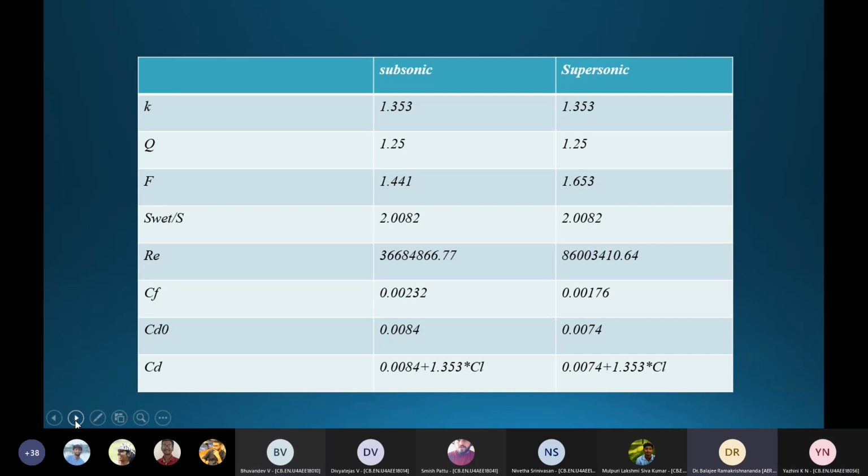That looks reasonable. And CL squared, not CL. So recalculate CD. Once you calculate CD, find half rho V squared S into CD. That will be drag. Okay, good.